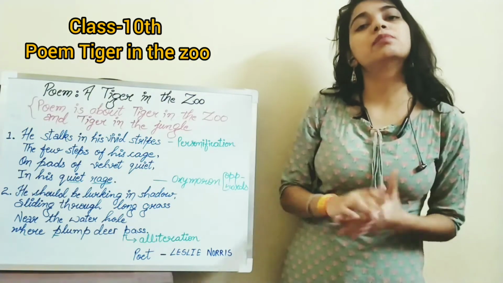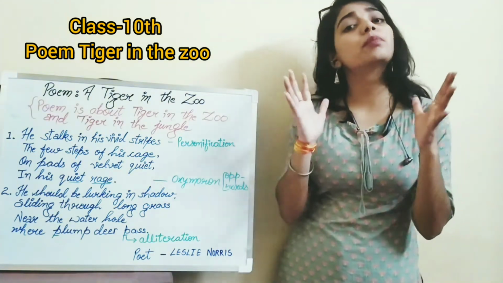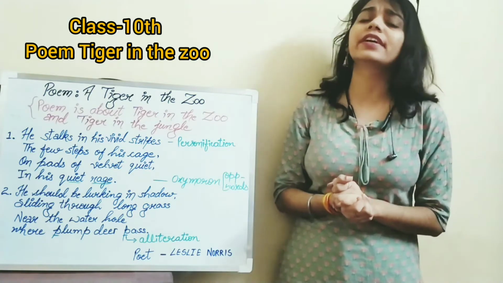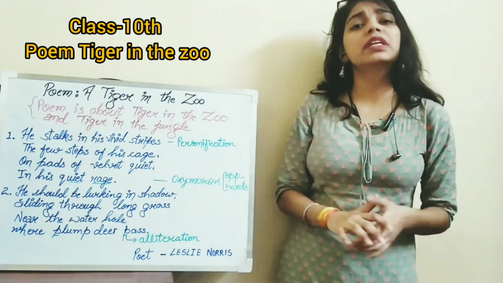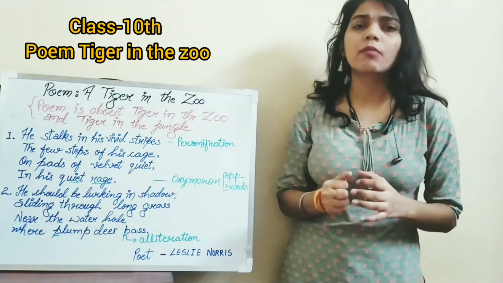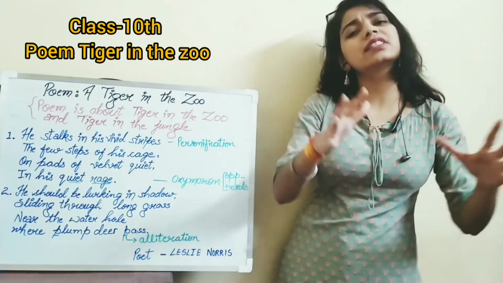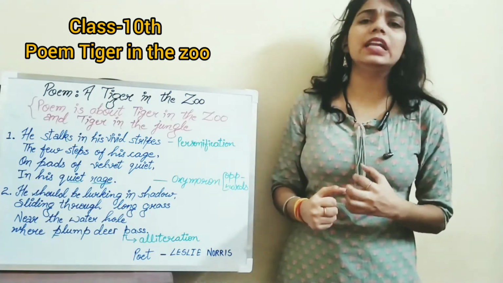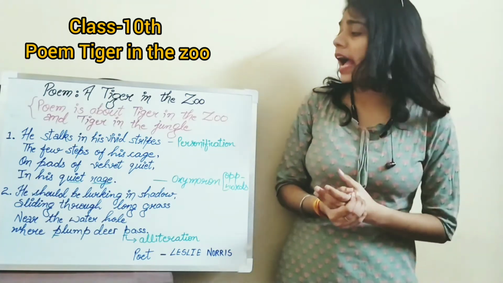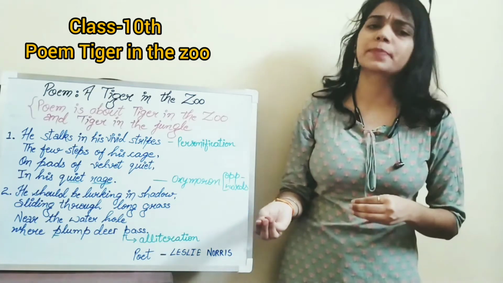Vivid means bright colors, the skin of the tiger is of bright colors, and stalks means following someone, seeing someone. So he is seeing everywhere with his bright colored body and moving a few steps in his cage.